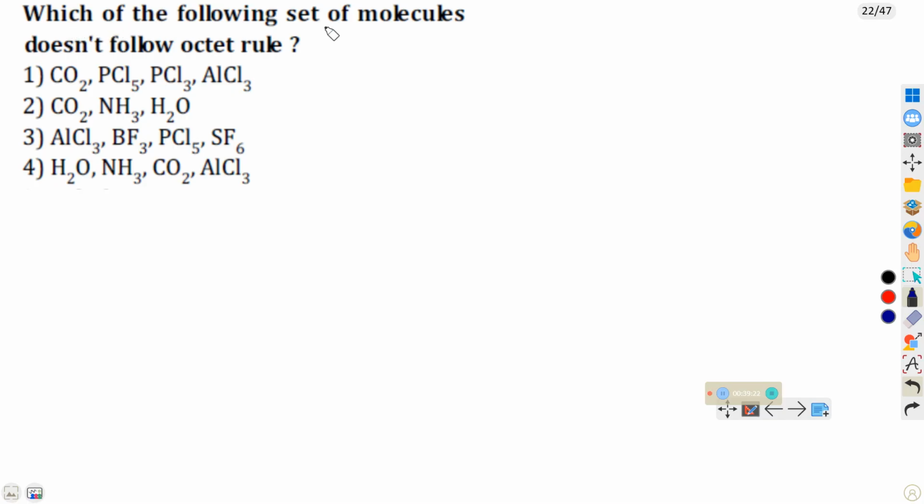Which of the following sets of molecules does not follow the octet rule? CO2 follows the octet rule. A set of molecules is given. So the third one. AlCl3: aluminium group number 3, chlorine valency 1, 3 chlorines, so 3. Total 6 electrons.